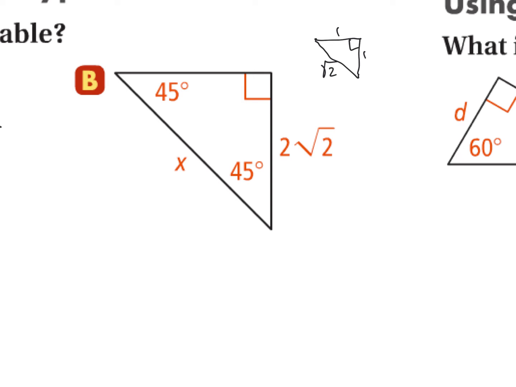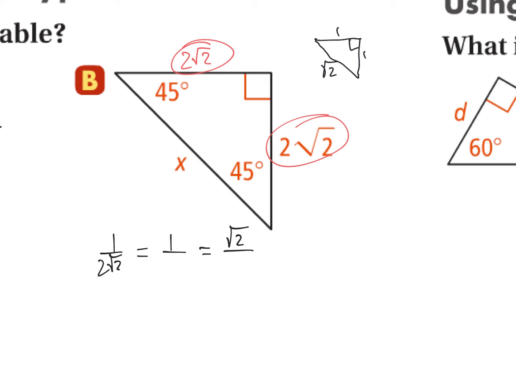So 1, 1, square root of 2, that's going to go on the top of my proportions. And on the bottom is going to go my information. Now notice, one leg is 2 square root of 2. That means this other leg is also 2 square root of 2. So I've got 2 square root of 2, 2 square root of 2. And then the hypotenuse that I'm looking for is x.